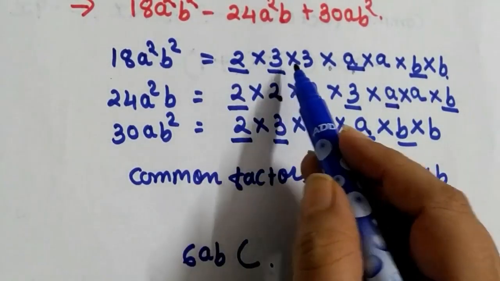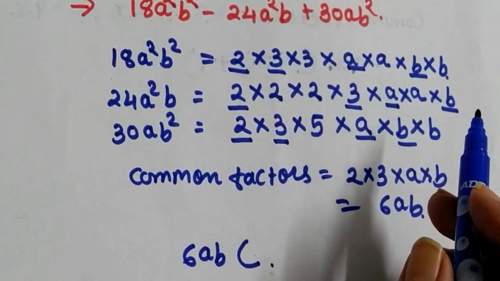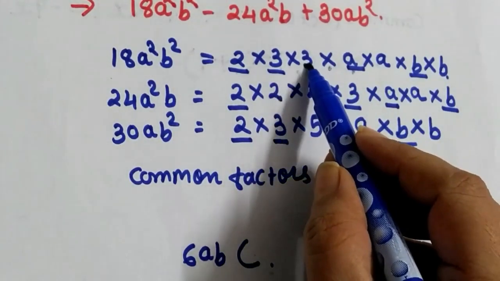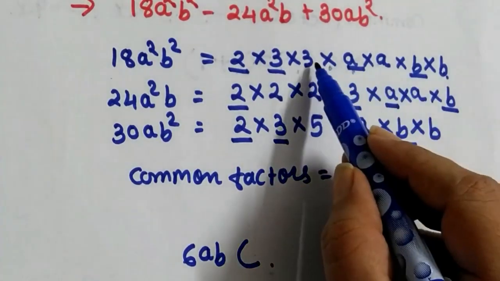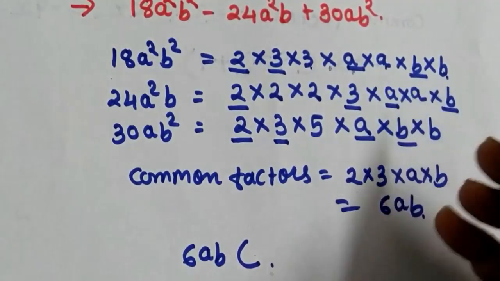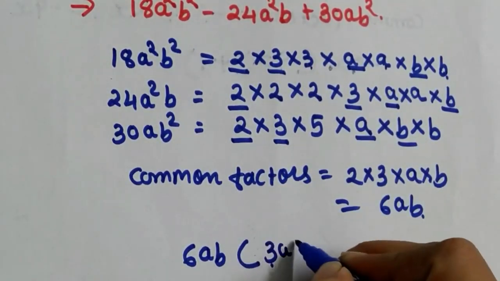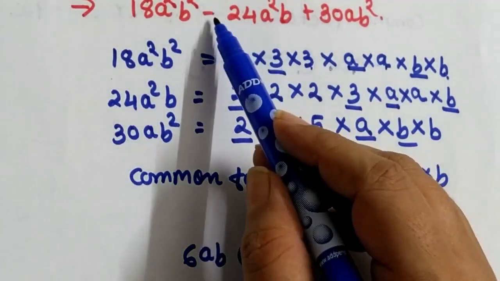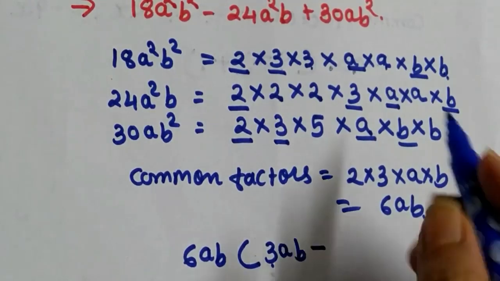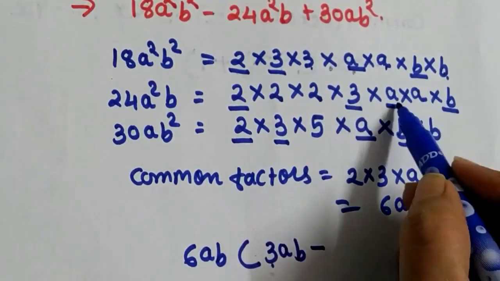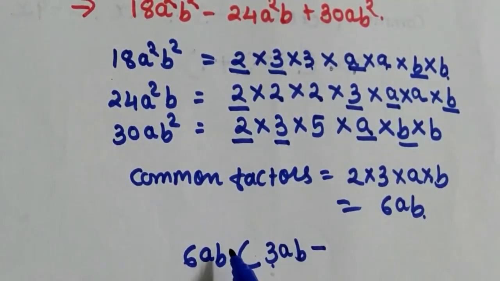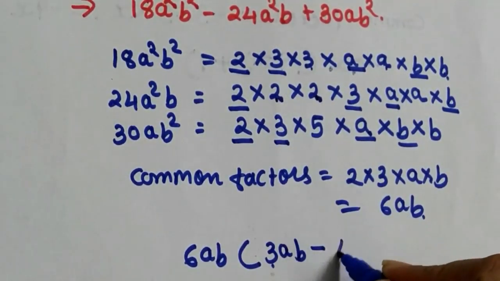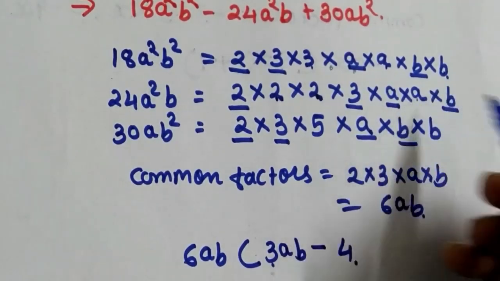So 2 3s are 6 has been taken out as a common factor. So we'll write 3ab. Here 3 is remaining, a is remaining and b is remaining. We'll write the sign as it is given in the question, that is minus. And here 2 and 3 and a and b have been taken out as common factors. So remaining are 2 into 2, that is 4, and only a is remaining here.